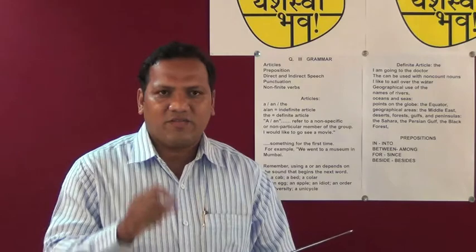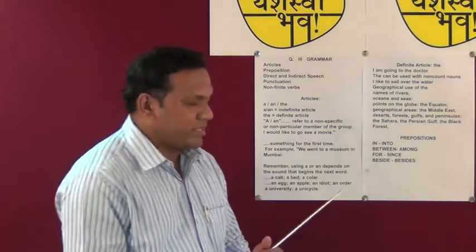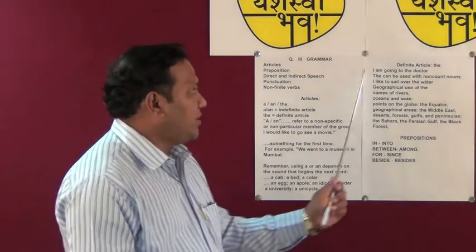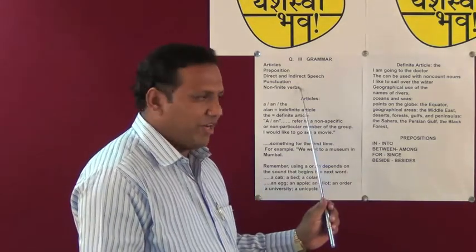Then you may ask, sir, why this? First you have placed a and then later you have placed the. There is a simple reason: if there are two same words, the first one carries a and the second one carries the, because father has brought the newspaper. That is very important. With this we come to the end of definite article and indefinite article.